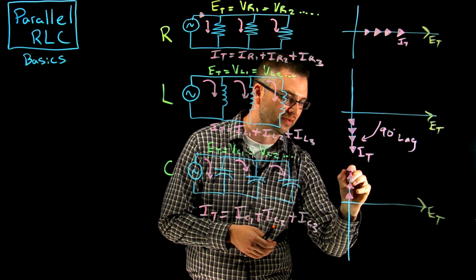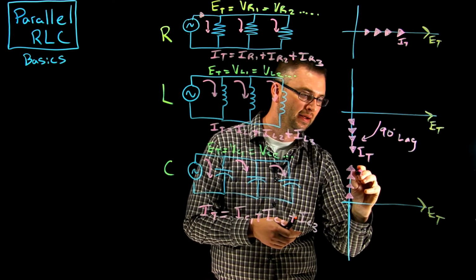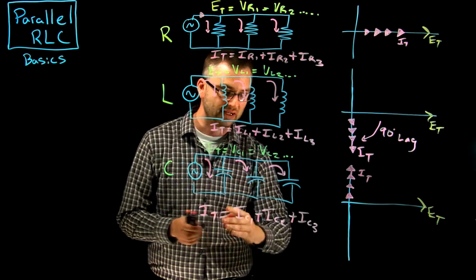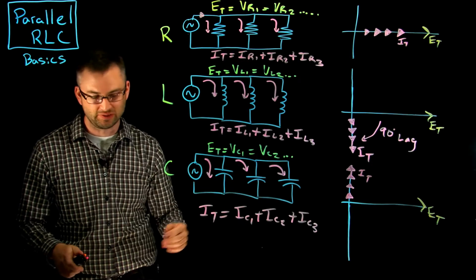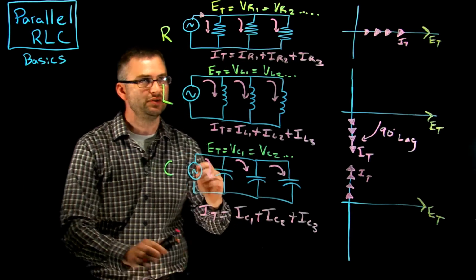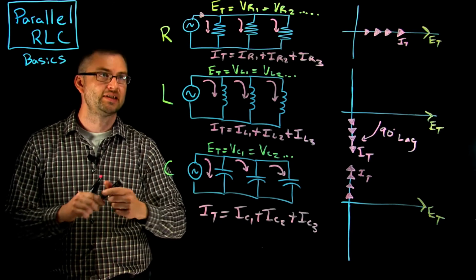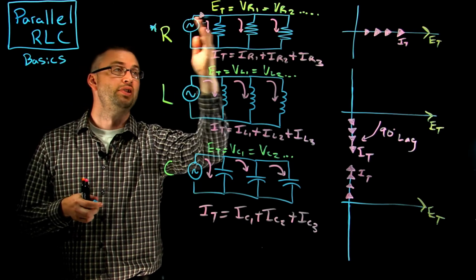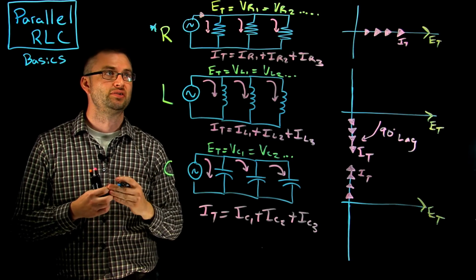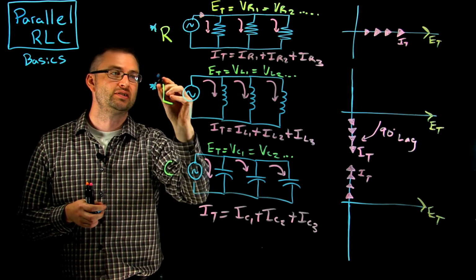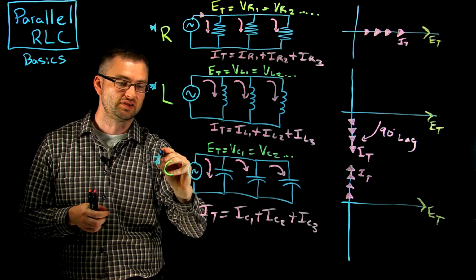As a result, we can add our currents directly with their numerical values and not have to do trig. This is only true for purely resistive circuits, so adding resistive currents to resistive currents, inductive currents to inductive currents, and capacitive currents to capacitive currents.